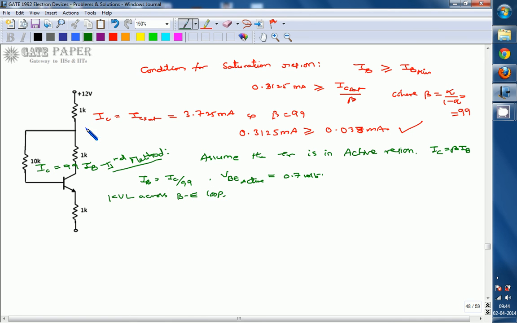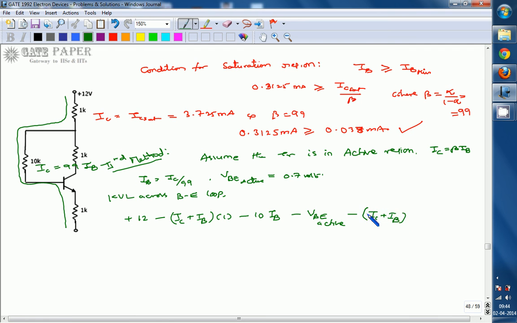KVL across base emitter loop is nothing but you are moving in this direction as previous. So it can be written as plus 12 volts minus (IC plus IB) into 1 kilo ohm, minus 10 times of IB, minus VBE active, minus (IC plus IB) times of 1 kilo ohm is equal to 0.